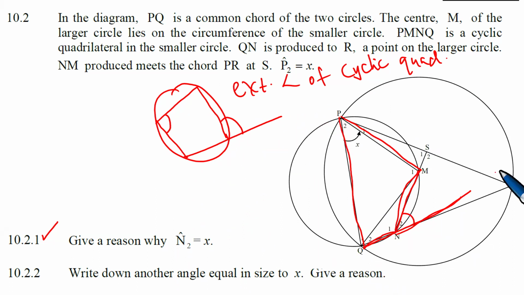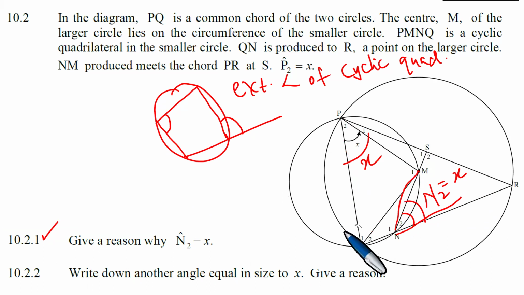Now we can see the angle N2 is this one here, and it is exactly equal to this, which is x. If this is x, also this N2 must be x, because the diagram is exactly like that one. As a consequence, it is the exterior angle of cyclic quad.